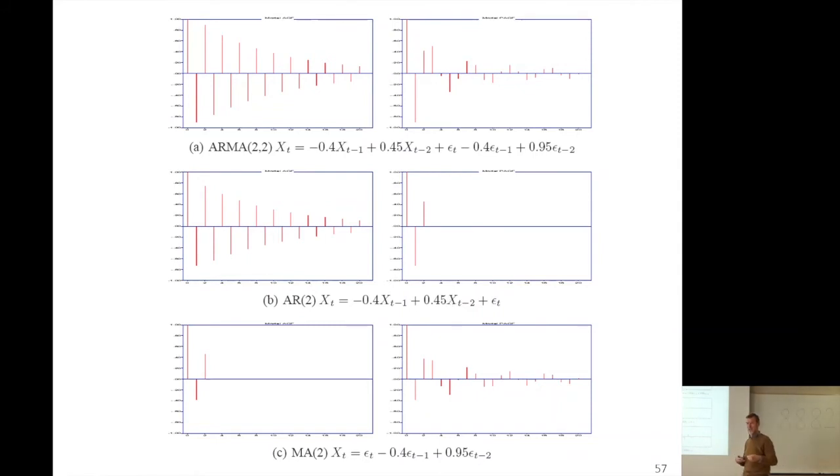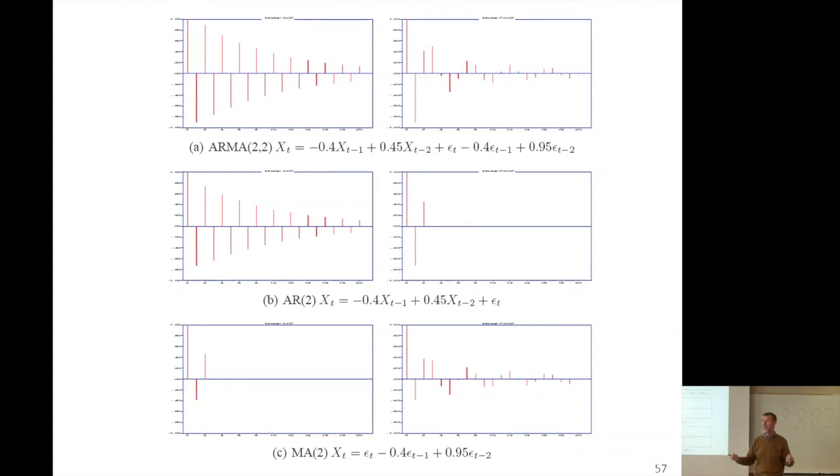Okay. But the question we would like to ask is, does xt plus 10 depend on x1 when we know all the values in between? I'm not asking does x10 depend on x1, the answer is yes.